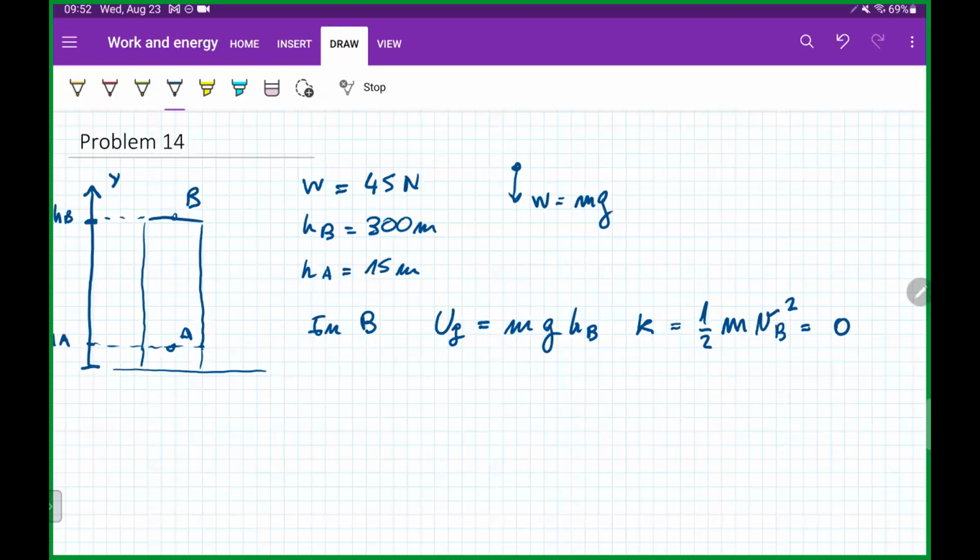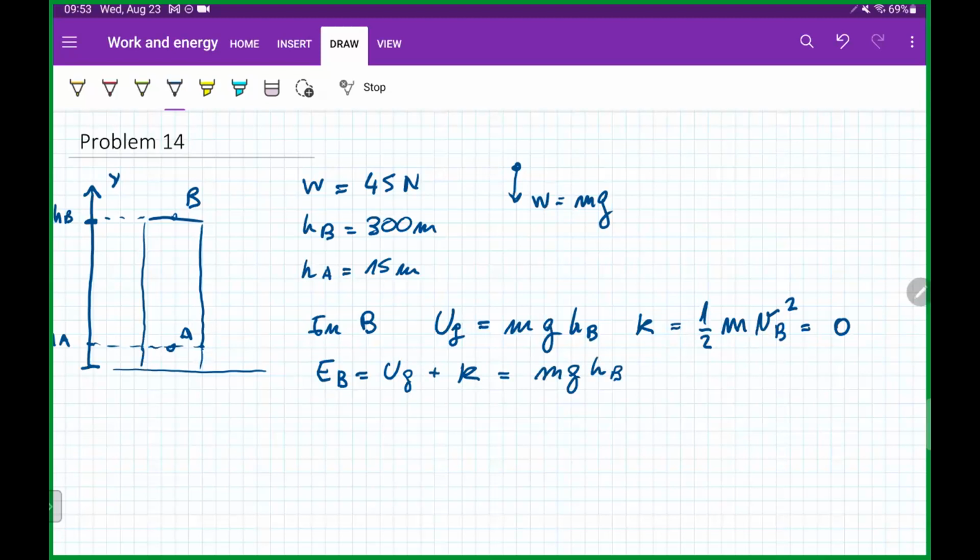So we have potential energy for point B, and we have kinetic energy equals 0 for point B. Let's just define the total mechanical energy of point B would be U_G plus K. And in this case, there will be just mg h_B, right?